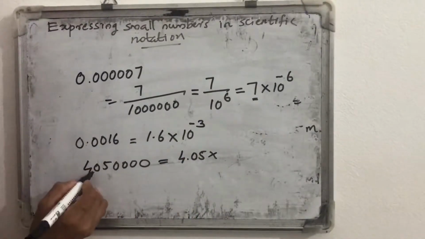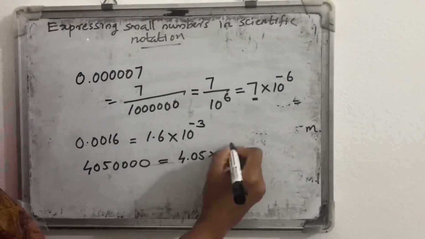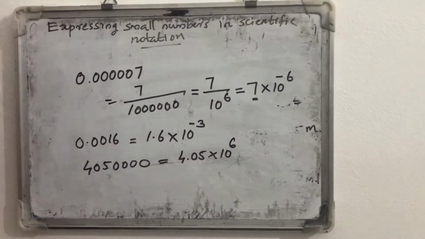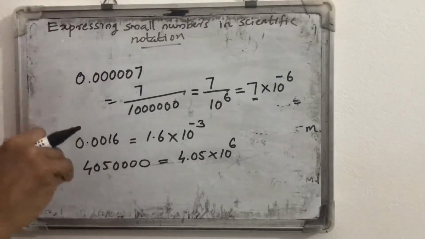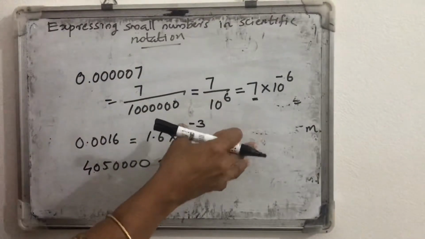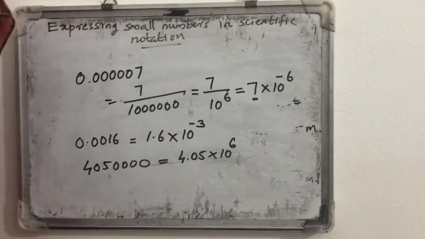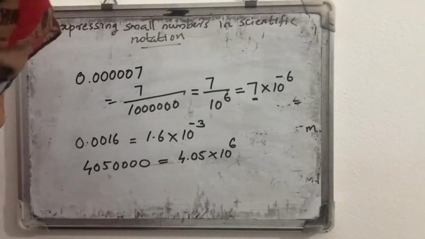After the 4 point there are 1, 2, 3, 4, 5, 6. So that will be 10 raised to 6. In reverse also, after getting a scientific expression, we can write the number in normal form also. That type of example is also there.